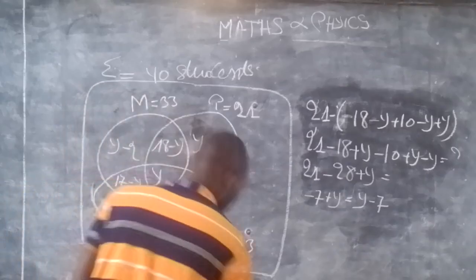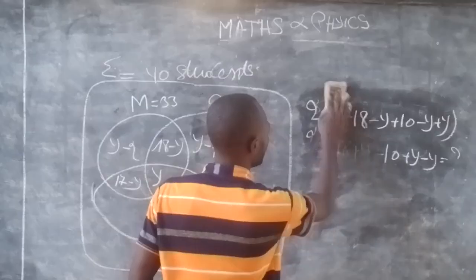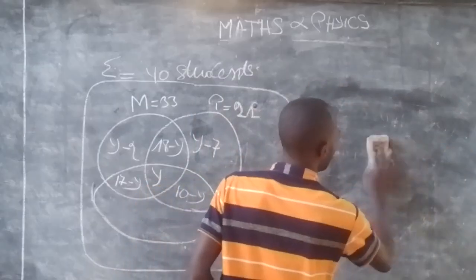So let's see the equation which represents the number who participates in chemistry.